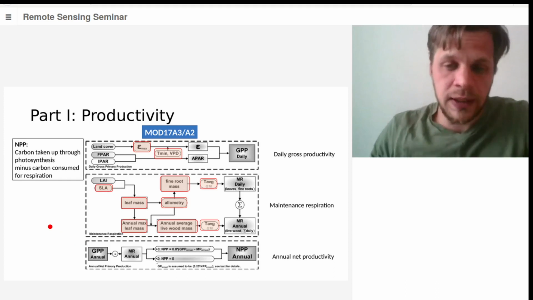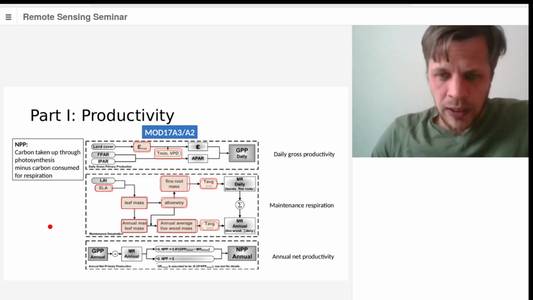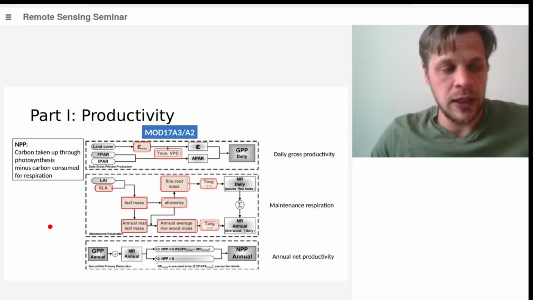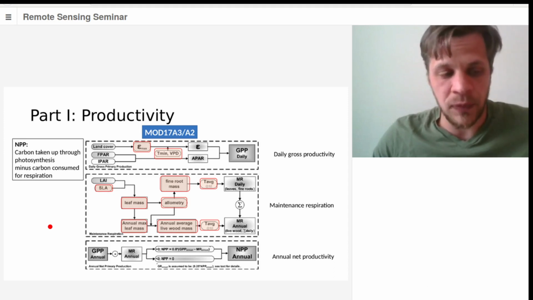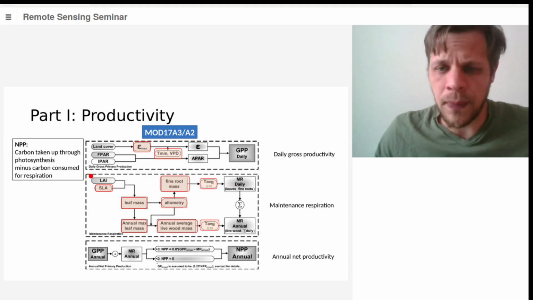The product that we are using and investigating is MODIS 17A3 and A2, which is a combined product from different remotely sensed products, but also from biophysical or biome-specific lookup tables. Here is a very brief overview of how net primary productivity is calculated in the MODIS algorithm.